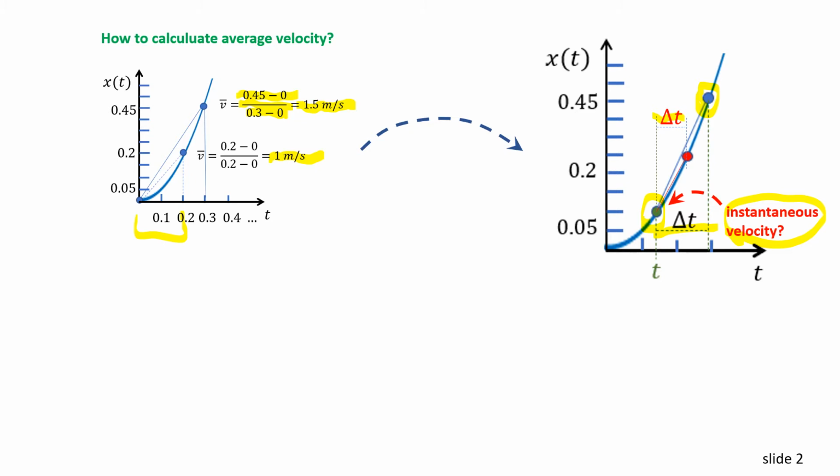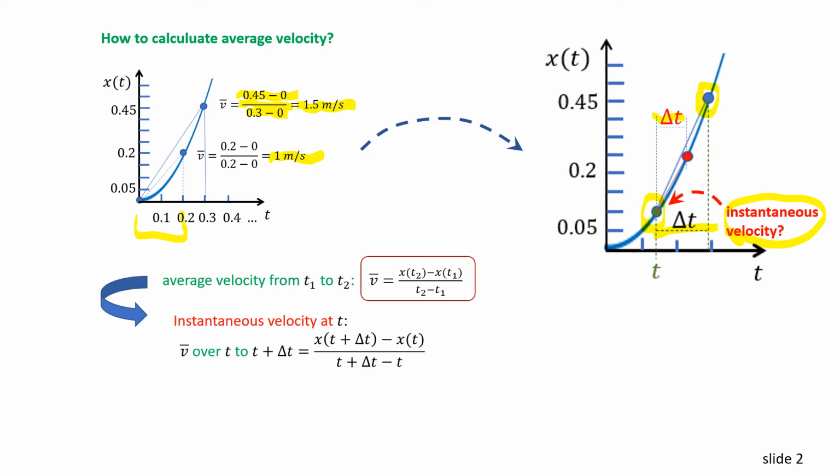Now, let's review all this math stuff with equations. So what we have here for the average velocity is the simple rise over run equation. Then for instantaneous velocity, we start off with the same thing, the velocity from time t to time t plus delta t. And this is equal to x of t plus delta t minus x of t divided by t plus delta t minus t.